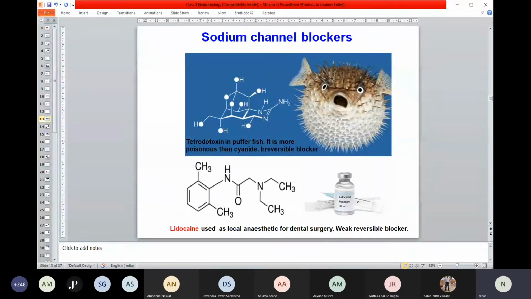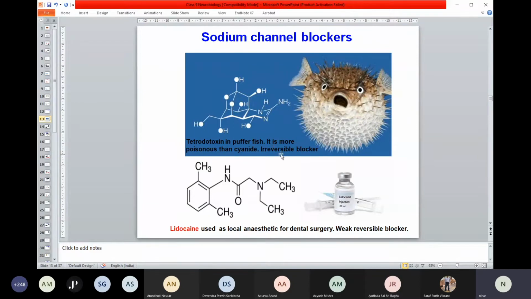Tetrodotoxin is a strong inhibitor of the voltage gated sodium channel. You can understand that if they block the sodium channel, you will die. Not a single neuron will be able to fire. So at the end, you can think what will happen. And tetrodotoxin is considered even more poisonous than cyanide, potassium cyanide. It's an irreversible blocker. Once it binds to the voltage-gated sodium channel, it just stays there.